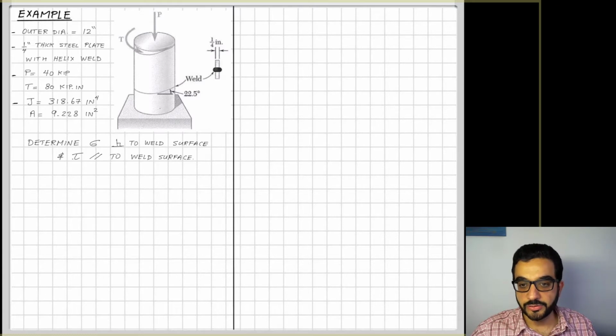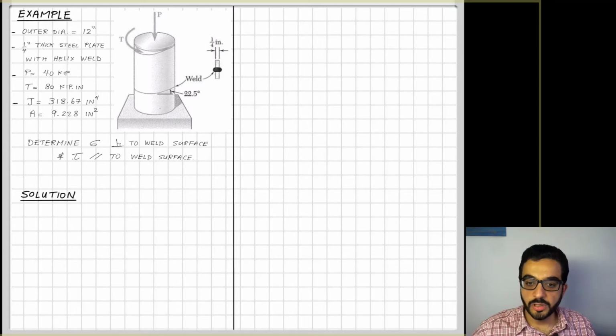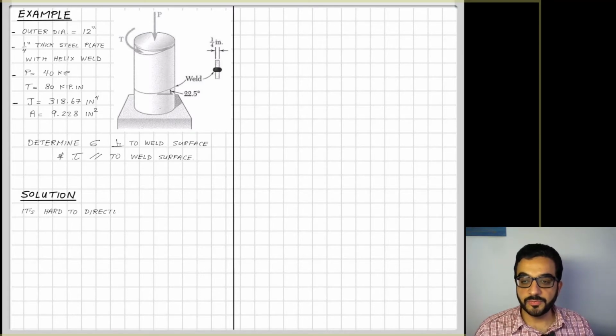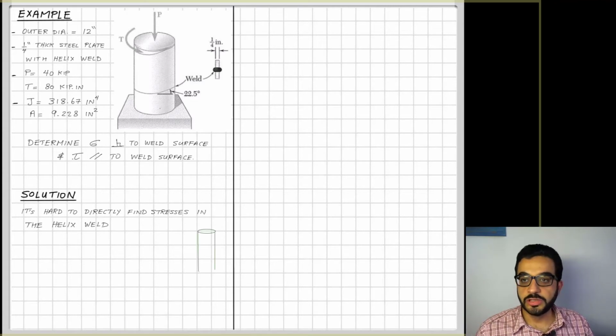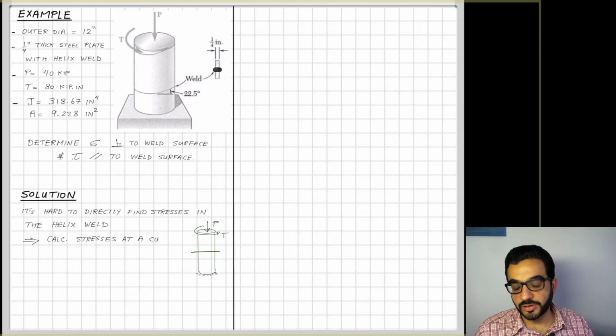So it's the normal stress, which is perpendicular to the weld surface, and the shear stress, which is parallel to the weld surface. If you think about it, this is a helix kind of line, and it's hard to do a section at it and calculate the stresses and internal forces.